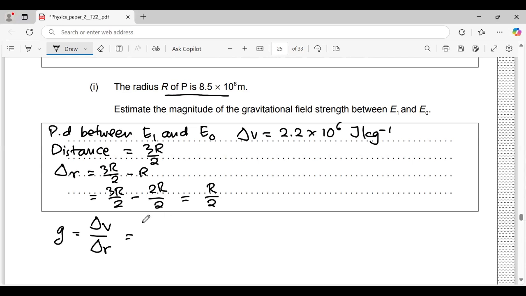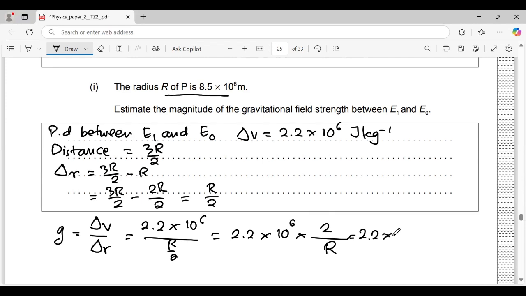Delta phi is this one, 2.2 times 10 to the power 6, over delta r, which is r over 2, or 2.2 times 10 to the power 6 times 2 over r, where r is this one, 8.5 times 10 to the power 6.